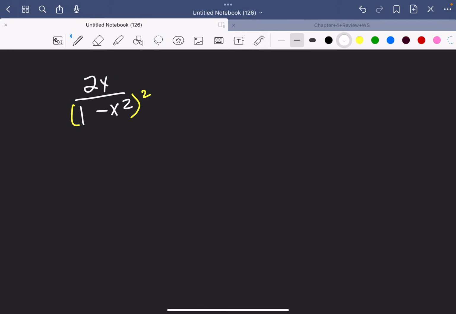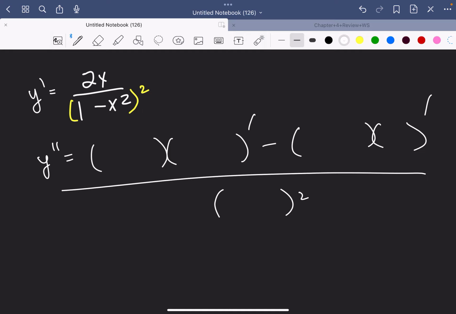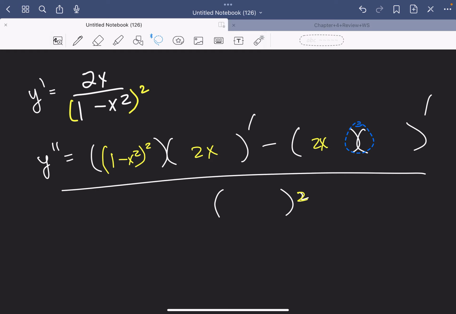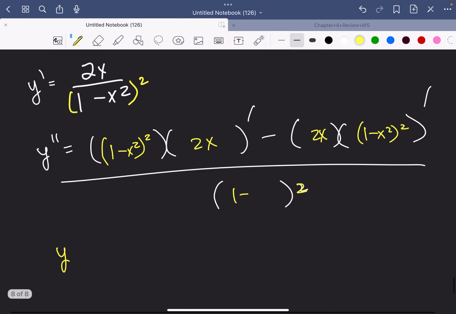So my second derivative is going to be low d high minus high d low over low squared. So I'm going to take low d high minus high, times the derivative of low, which that is low, right? So now we just have over low squared. So it's 1 minus x squared, squared.